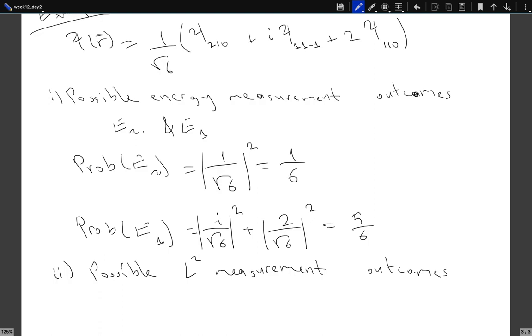That is our wave function. What are the different L values we have in that superposition? None. There's just L equal to 1. So only L squared equal to h bar squared times 1 plus 1, that is 2 h bar squared. For that electron, if I measure the energy, I get different values. But if I measure the total angular momentum, I get a single value in all the measurements.